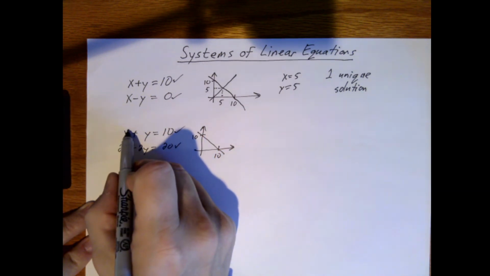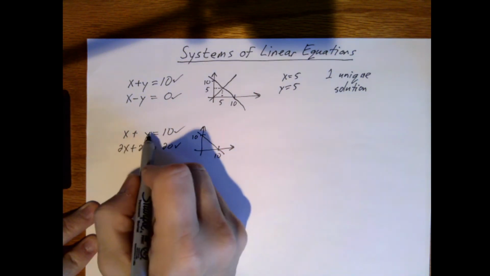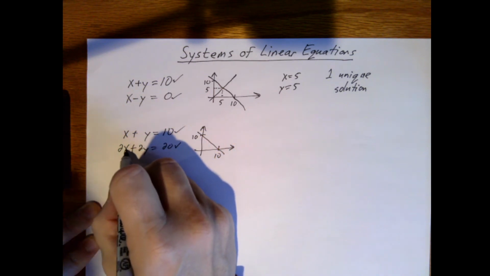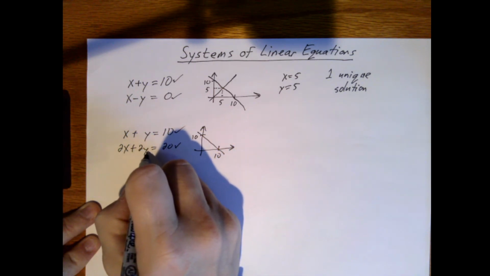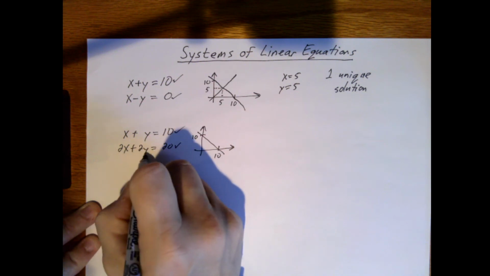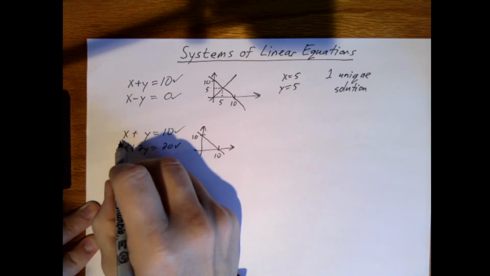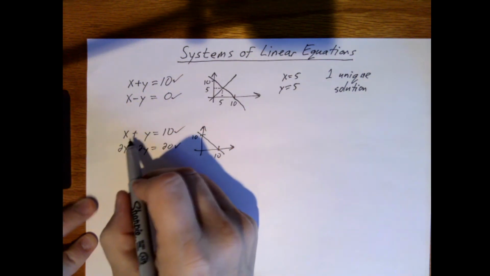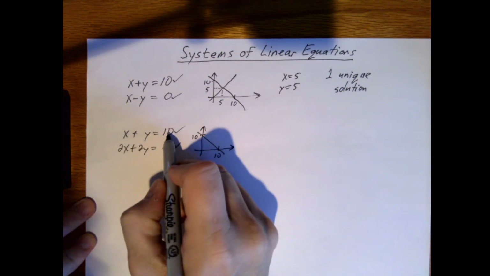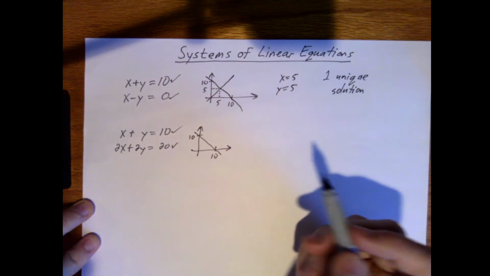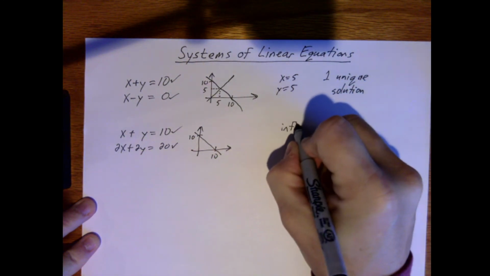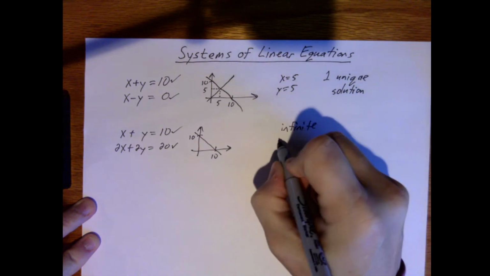So if I have 3 plus 7 equals 10, I can also have 2 times 3 is 6, plus 2 times 7 is 14, 6 and 14 is 20. So 3 and 7 satisfy both of these. 5 and 5 satisfy both of these. Any value that satisfies the top equation also satisfies the bottom one. So here we have an infinite number of solutions.